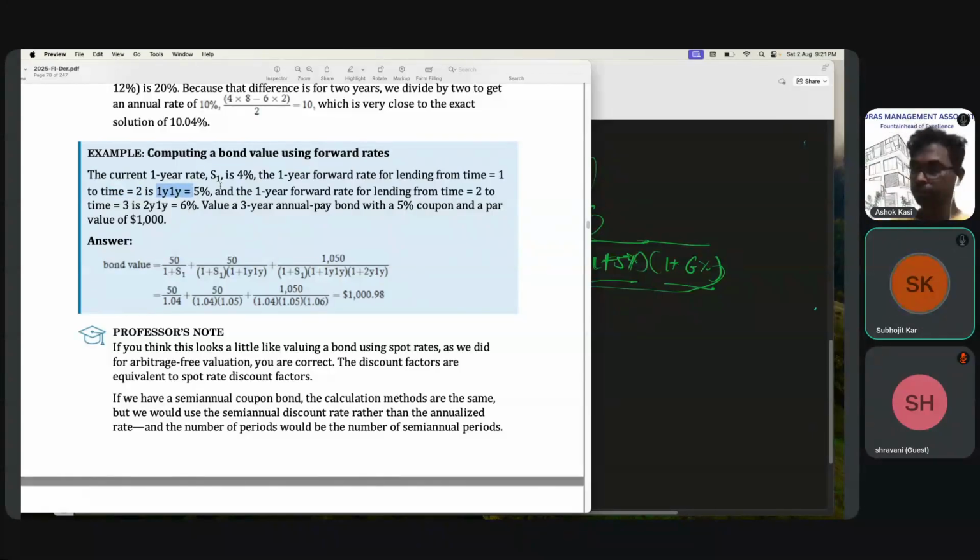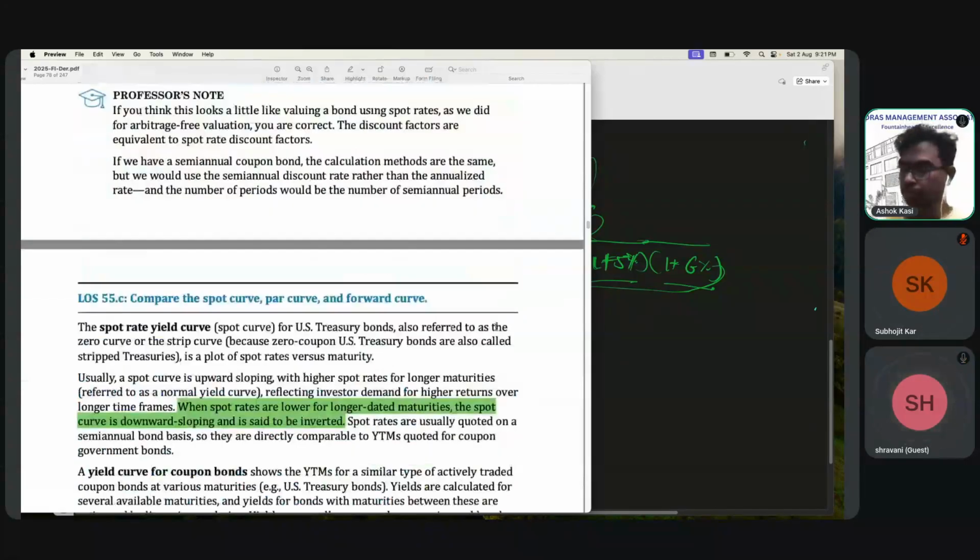So that is only for the second year. Spot rate means from 0 to 2 years. This is not a spot rate; this is a forward rate. Got it? Is it okay? Yes, sir.